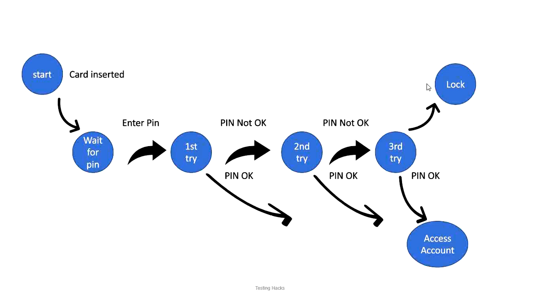That is where the state transition table works. And suppose your card is locked, then you will go to the bank, or there are some applications from where you can reset or activate your card, right? In that case, it will come back from locked status to active status. So this is how the state transition table works.